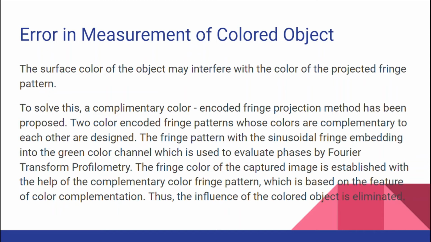The complementary fringe pattern is obtained by subtracting the fringe pixel intensity from 255. So if you have an RGB or any color fringe pattern originally and you want the complementary fringe, then for each fringe intensity or its color encoding, you subtract it from 255, and that will give you the complementary color fringe pattern.